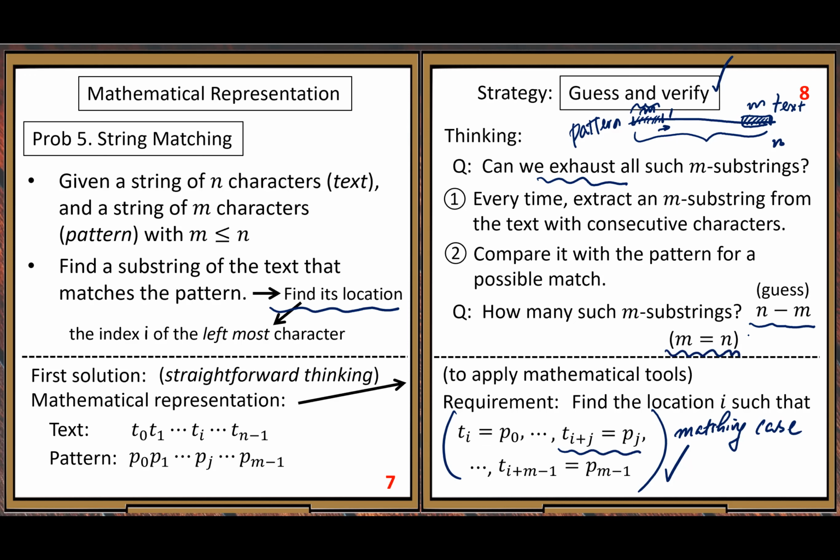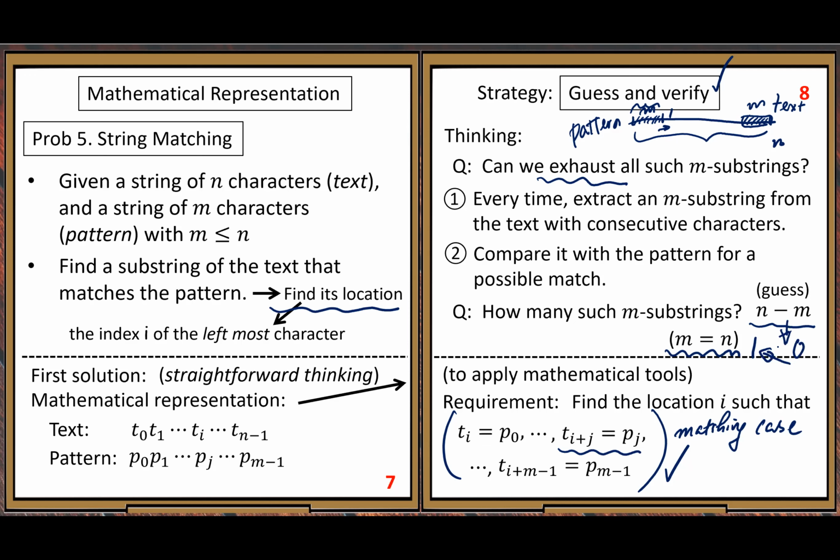Then the answer is 1, so there is only one M substring, not 0. But N minus M gives you 0, so your guess is 1 less than the true answer.